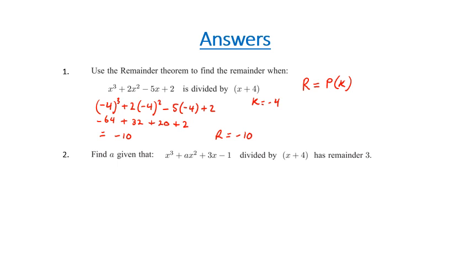Second question says find a, given that this polynomial, when divided by x plus 4, has a remainder of 3. Therefore, my k value is again, coincidentally, minus 4. I'm then going to put minus 4 into this polynomial, and I'm going to make it all equal to 3.